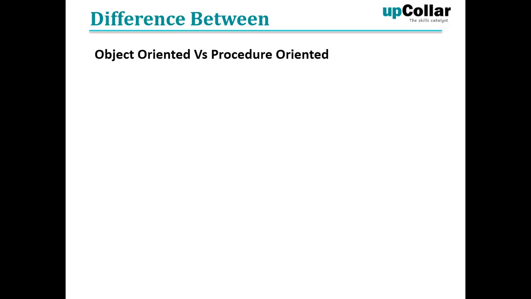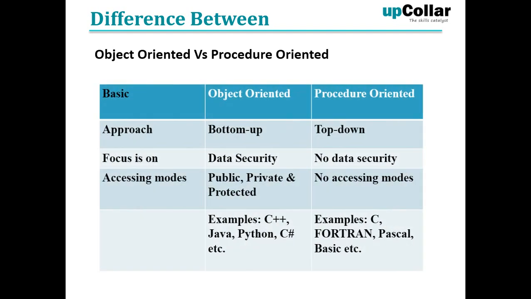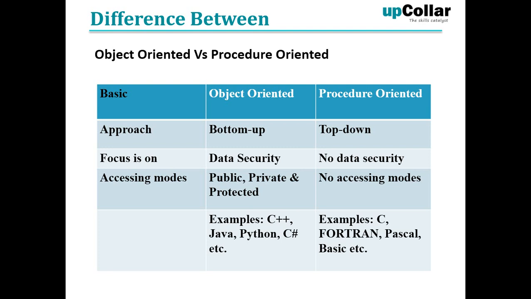Difference between an object-oriented programming language and a procedural-oriented programming language. An object-oriented programming language follows a bottom-up approach, whereas a procedure-oriented language follows a top-down approach. So what are these approaches? In the top-down approach, we focus on breaking up the problem into smaller parts.